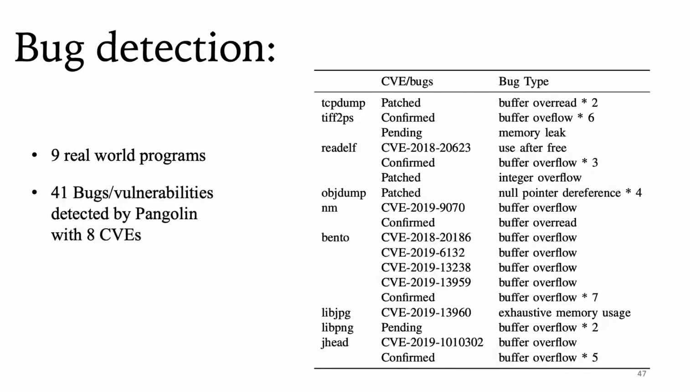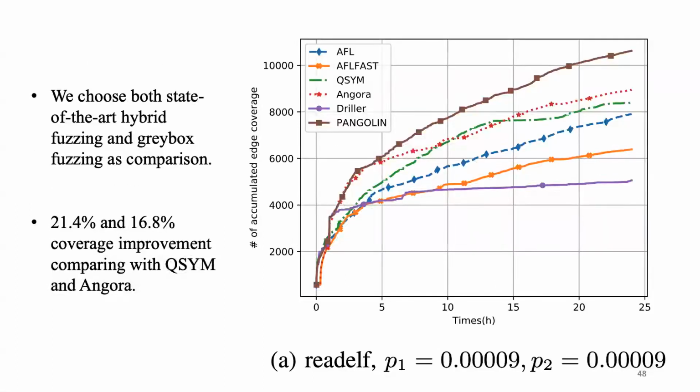Overall, in these 9 programs, we found 41 bugs with 8 CVEs assigned. In terms of coverage, we compared our results with 3 state-of-the-art hybrid fuzzers, QSYM, Driller and Angora, and 2 state-of-the-art gray box fuzzers, AFLFast and AFL. We conducted the 24-hour experiment 10 times with the same given seeds.